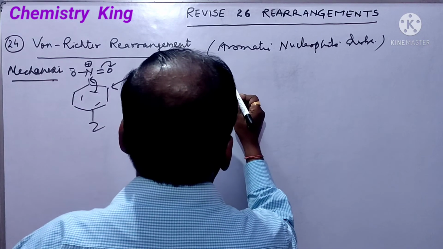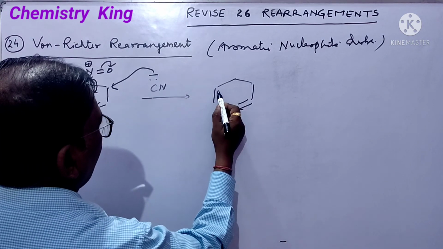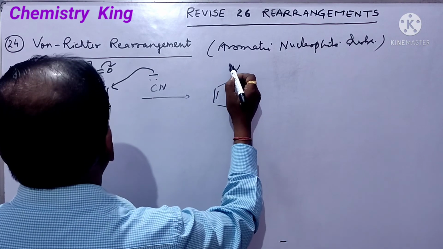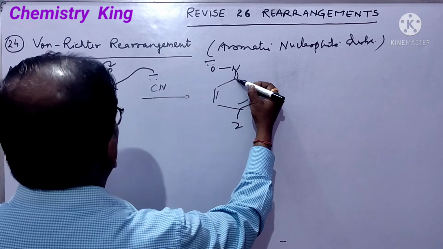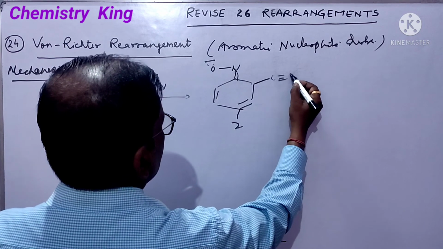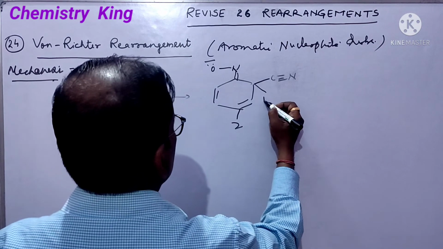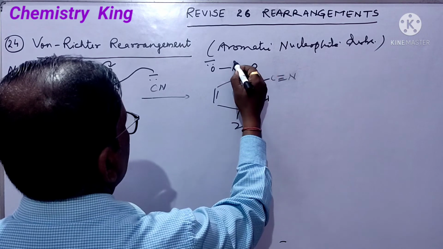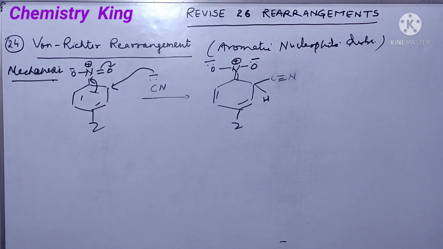So you will get this, that N minus double bond will be here, and it is C triple bond N, H is here, it will come, okay, and it is positive charge and it is minus.